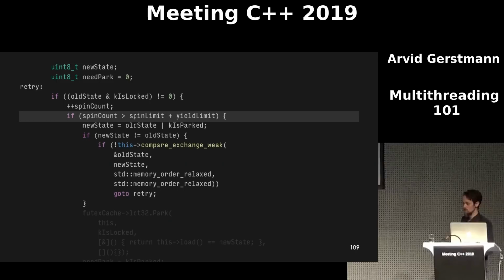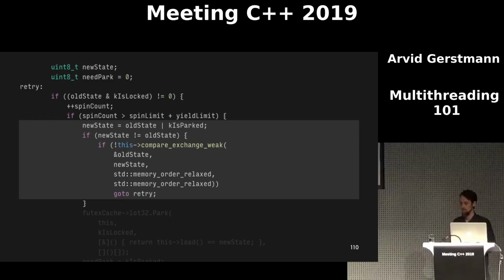So let's have a look at the actual case where we have spun 1,000 times, we have yielded once, and then we need to suspend. We will try to park the thread after we've checked again whether the lock is still held. So here we are checking whether the KS parked flag has been added.